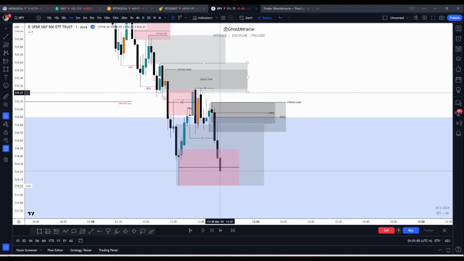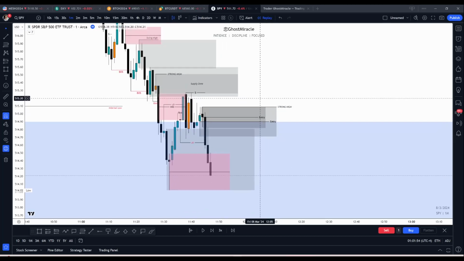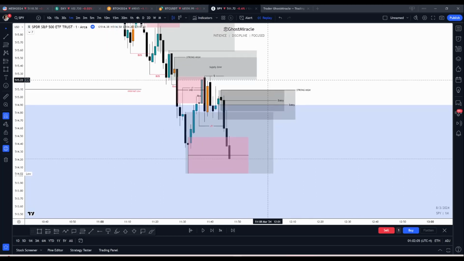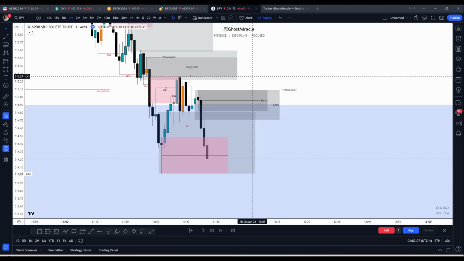But this is why I started kind of ignoring liquidity and just watching how price acts in that area. Because I don't think price ever came back up yet.